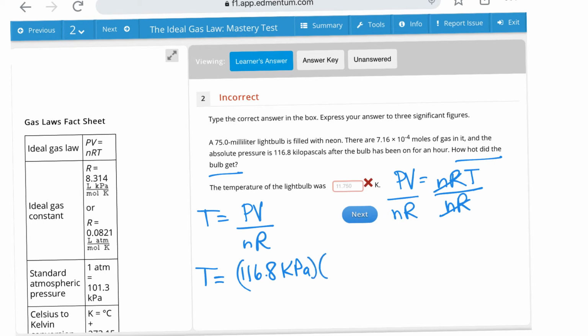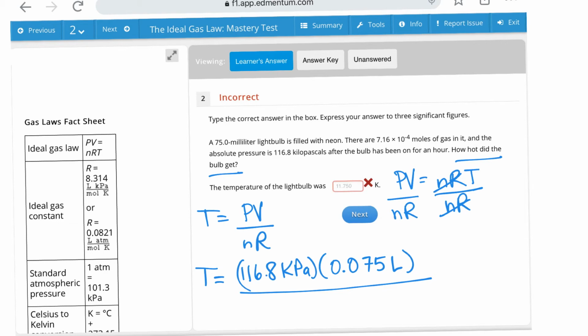Times the volume. That volume needs to be converted to liters. 75 milliliters is going to be 0.075 liters because there are 1,000 milliliters per liter.